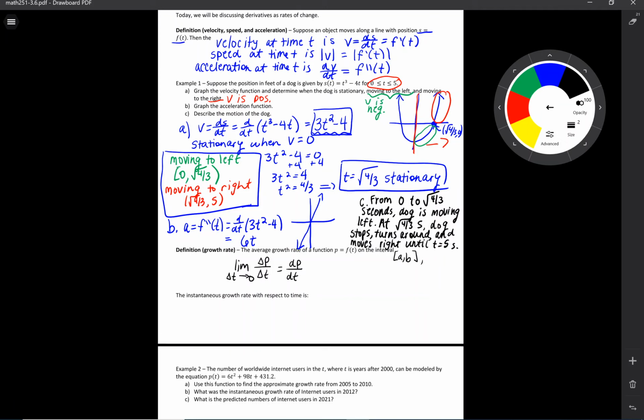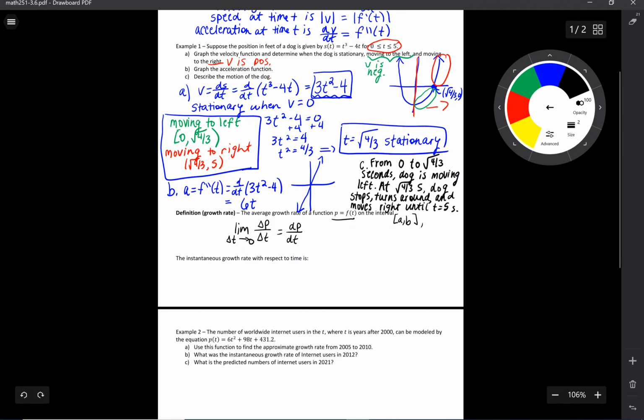So to find the average growth rate, I simply take the derivative of the function. We've been seeing this all term since day one. The average growth rate of a function is just the slope between the 2 points on the function, which is also the derivative.